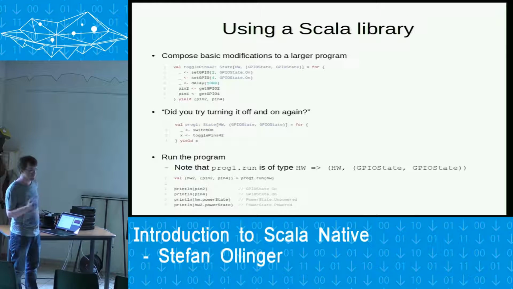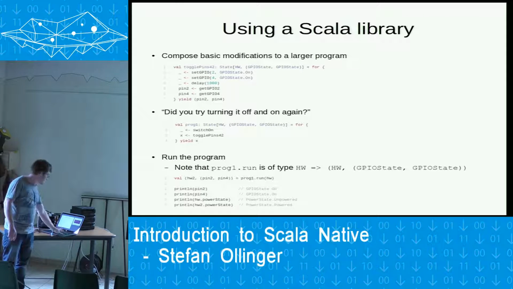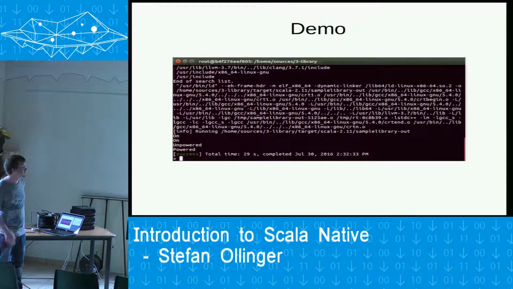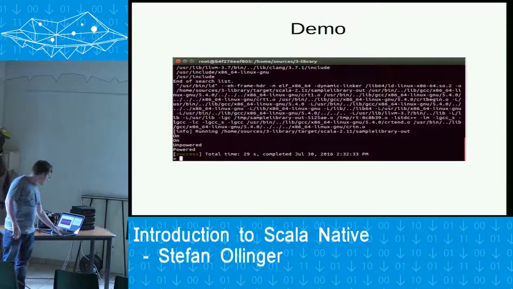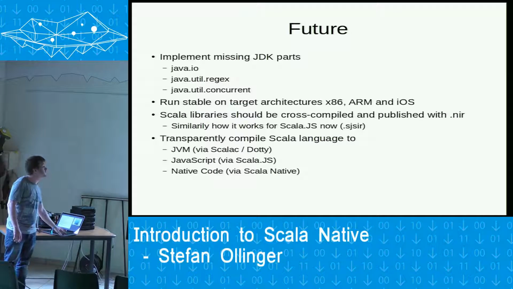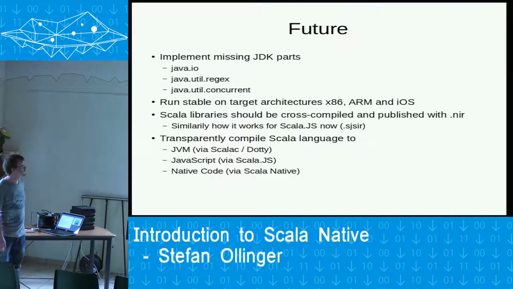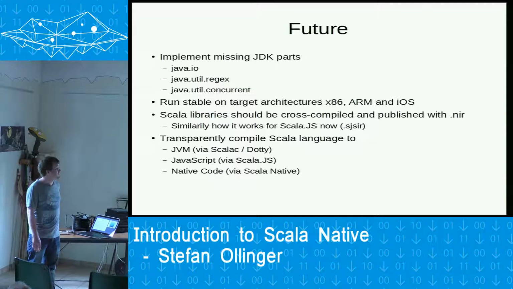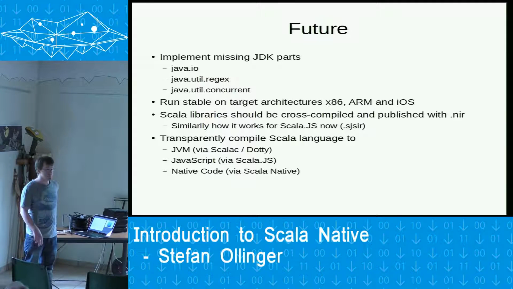So yeah, just an example for a non-trivial Scala program which is compiled by Scala Native also, and it runs. So yeah, in the future, they plan to add missing parts of the JDK. For example, regular expressions are missing currently, which is a bit annoying. It should run stable on different target architectures.